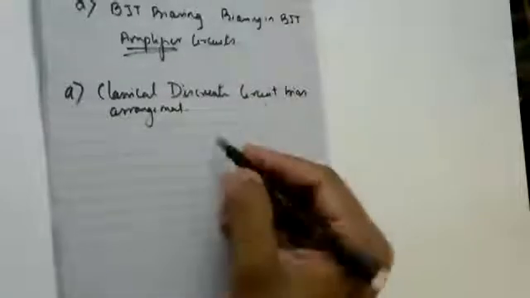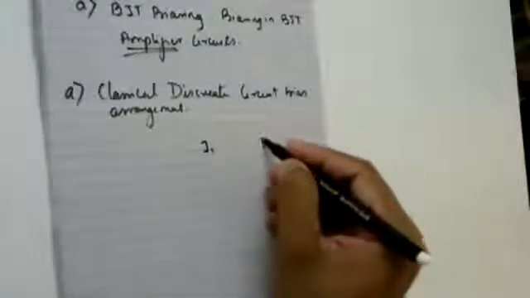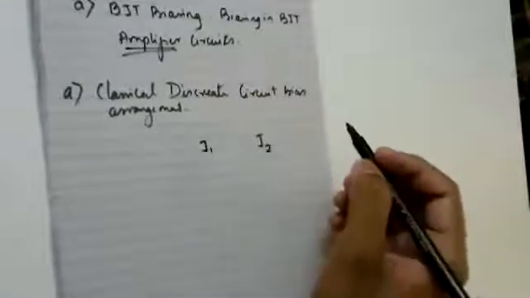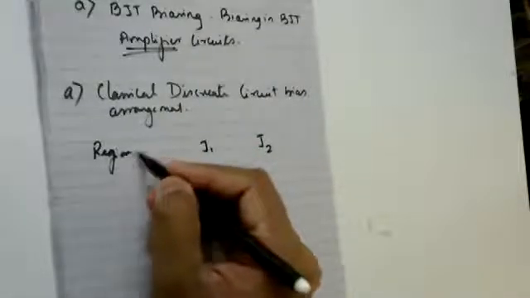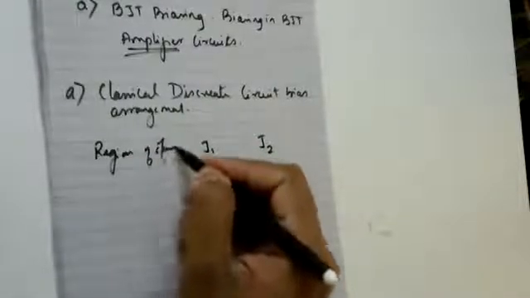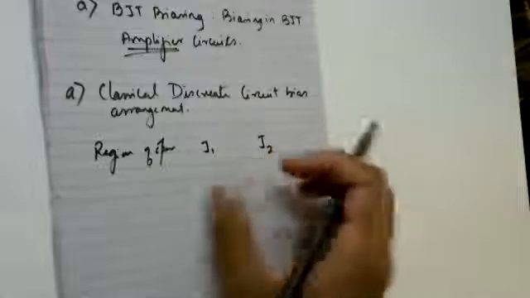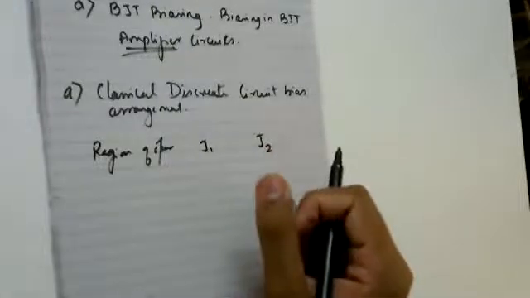As we know, we have two junctions in our transistor. Let me say junction J1 and junction J2. So we know at what region of operation, and how, I have to bias these two junctions.